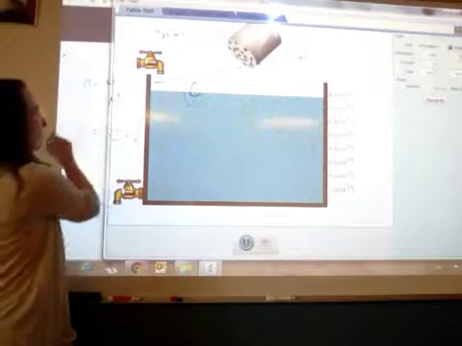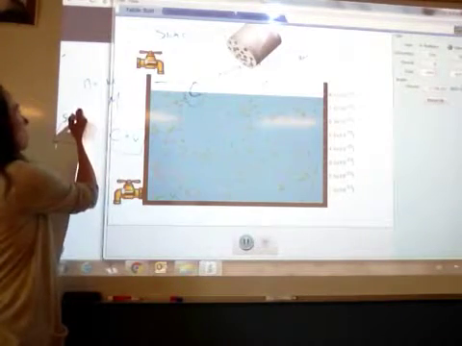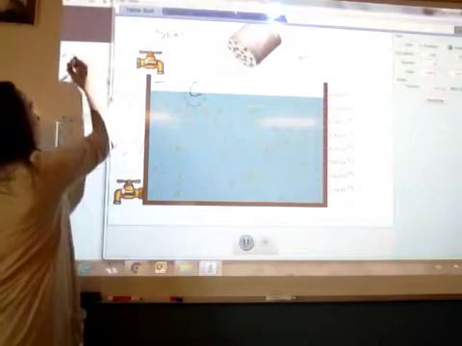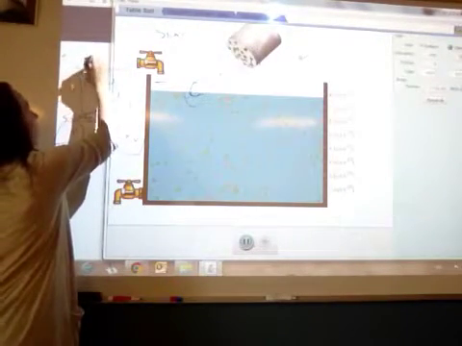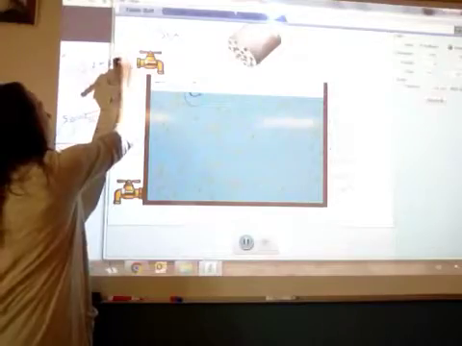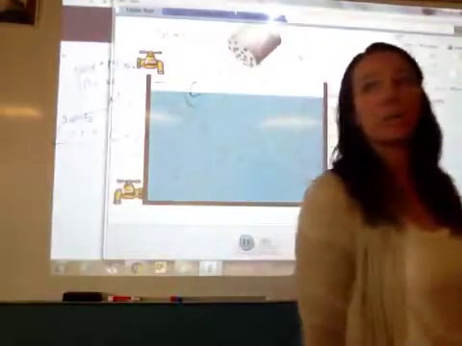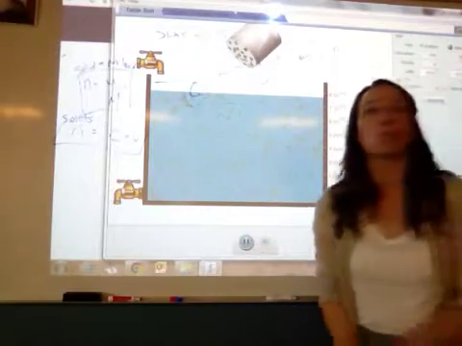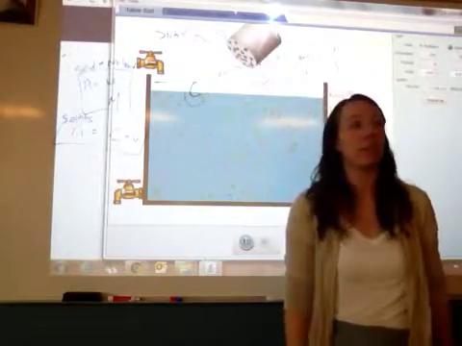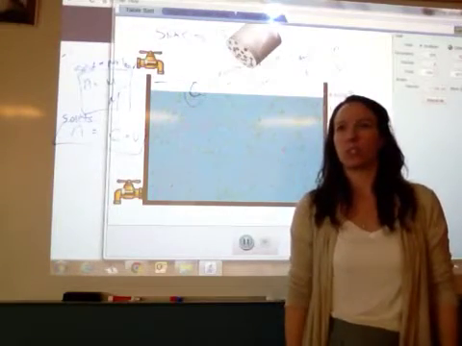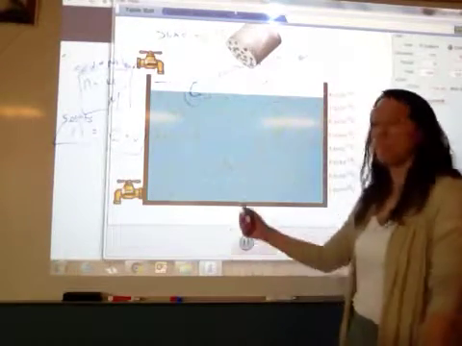And this is for solutions only. And this was for a solid or a pure liquid. So I can't use N equals C times V if I'm talking about weighing something on the weigh scale back there. Because that doesn't have a concentration. How many circles per liter?